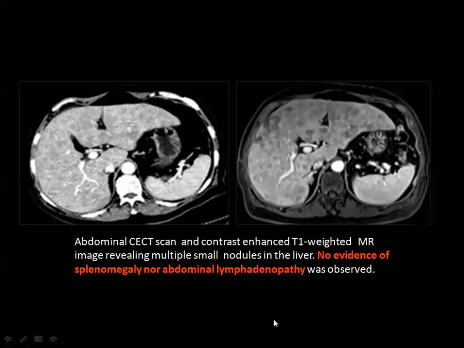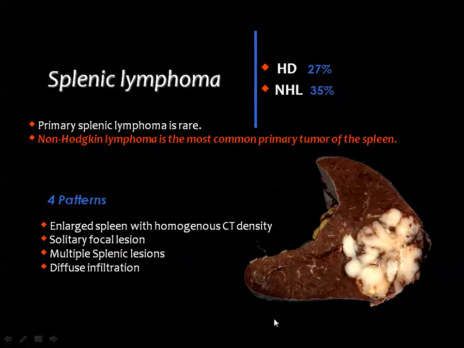In splenic lymphoma, Hodgkin disease represents about 27%, non-Hodgkin is about 35%, and there are 4 patterns of lymphoma in the spleen: a larger spleen with homogeneous CT density, solitary focal lesion, multiple splenic focal lesions, or diffuse infiltration of the spleen.